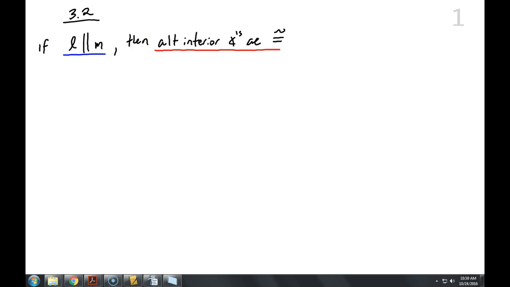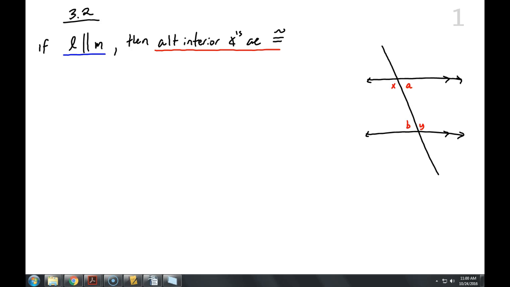So over here to the side, I'll just draw a small diagram to represent that. I'll add an extra set of arrows, transversal coming down, and so alternate interior angles were this angle right here and this angle right here. And so X and Y would be equal, or if we went the other way, A and B would also be equal because they are alternate interior angles. That's if and only if the lines are parallel.